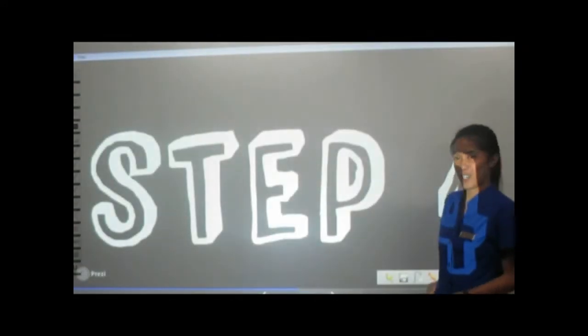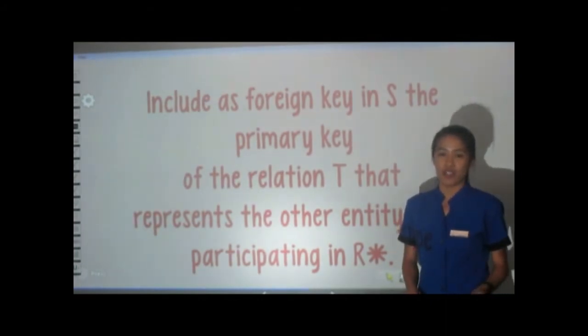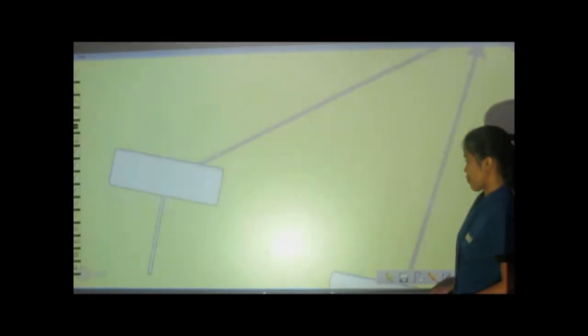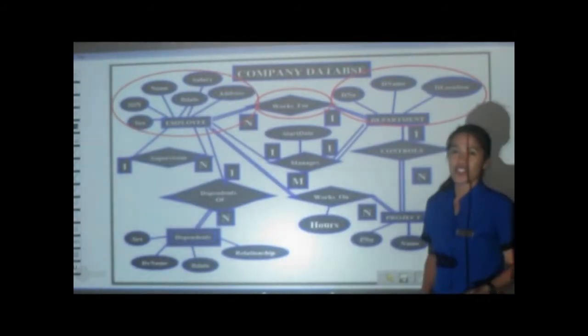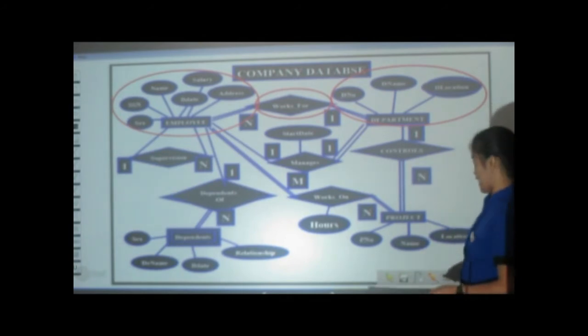Step number 4. Here, it corresponds to regular or non-weak binary one-to-many relationships. And this is the example of a one-to-many relationship of a company database.